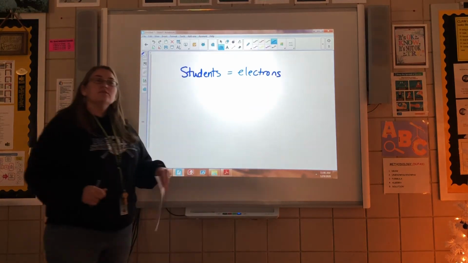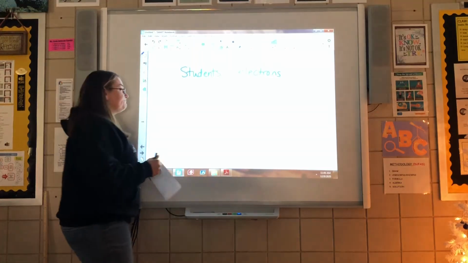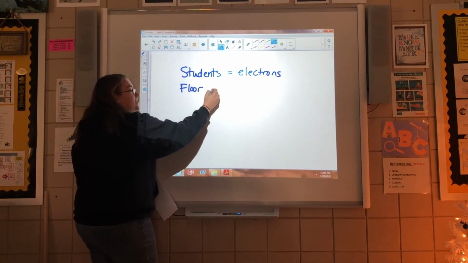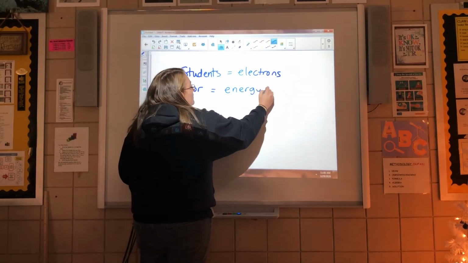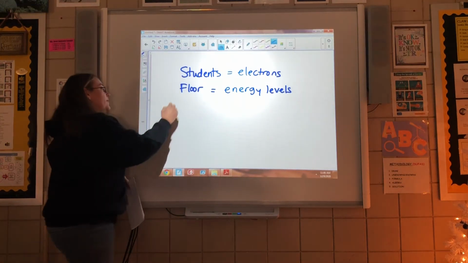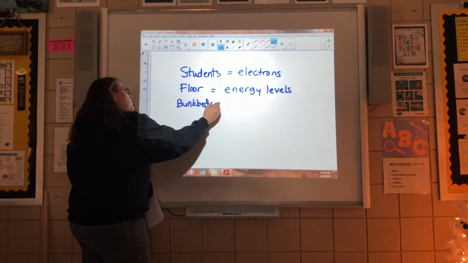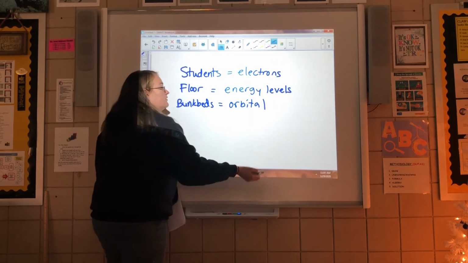So all of our students in Mrs. Hunn's dorm is representing electrons. Each floor, 1, 2, 3, 4, 5, 6, and 7, that's going to equal our energy levels. The bunk beds are going to equal or simulating orbitals.